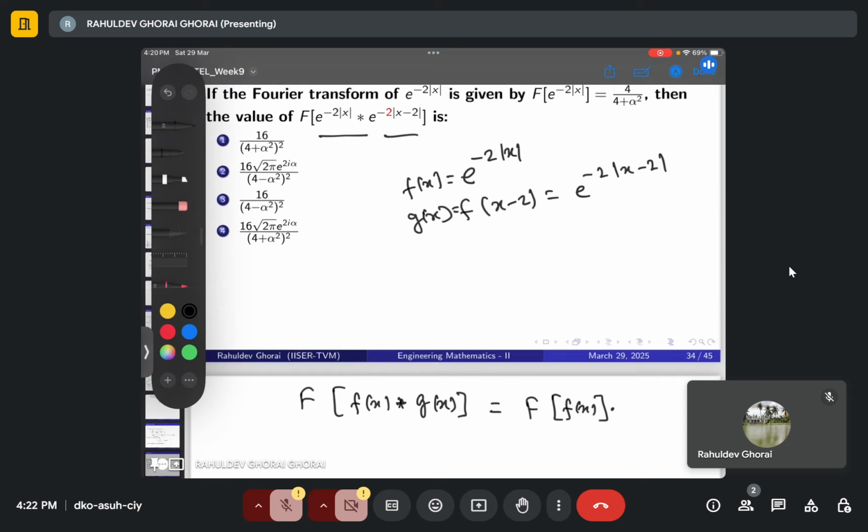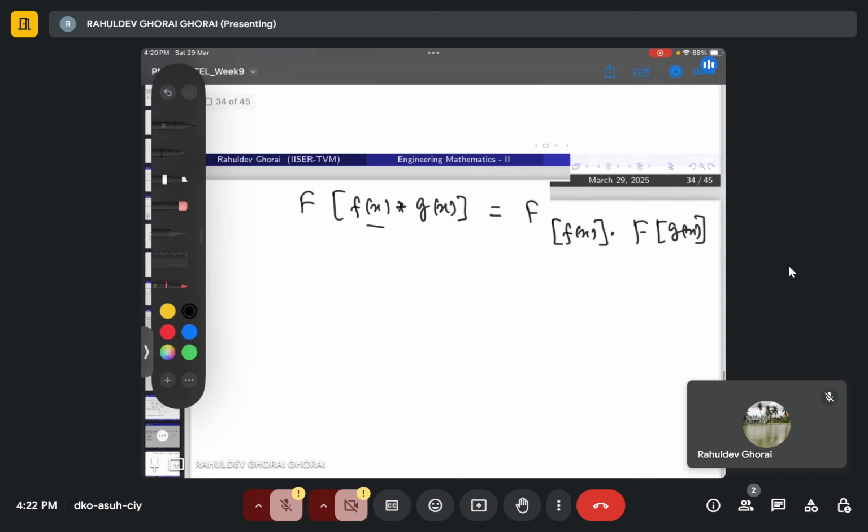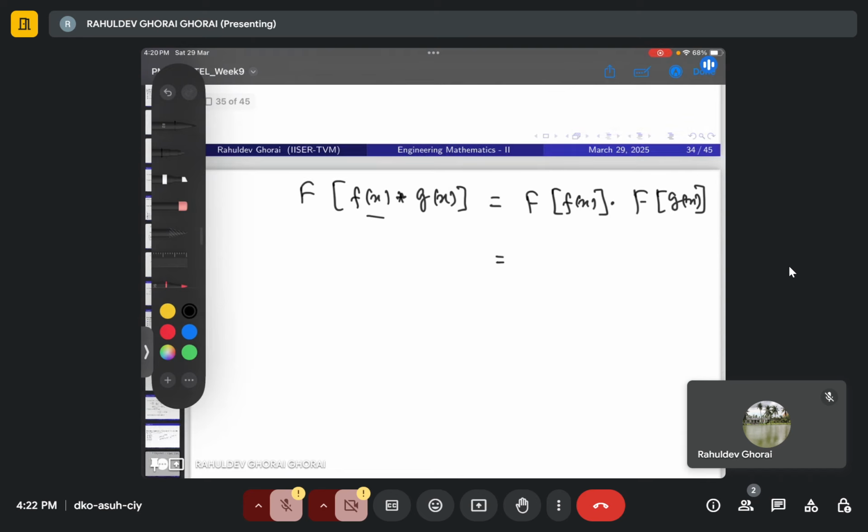So you need to know about the convolution product, which is available everywhere, that's not a big deal. The convolution of f and g at x is given by an integral.